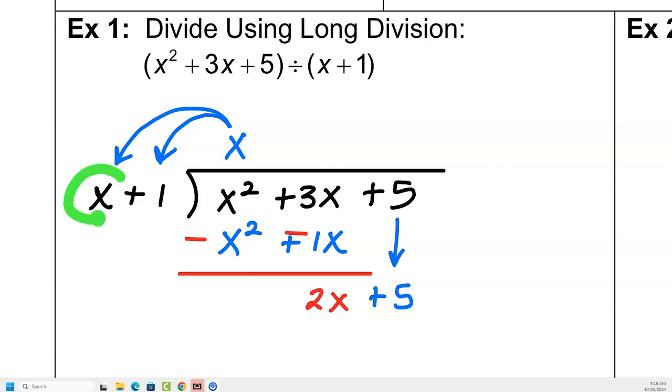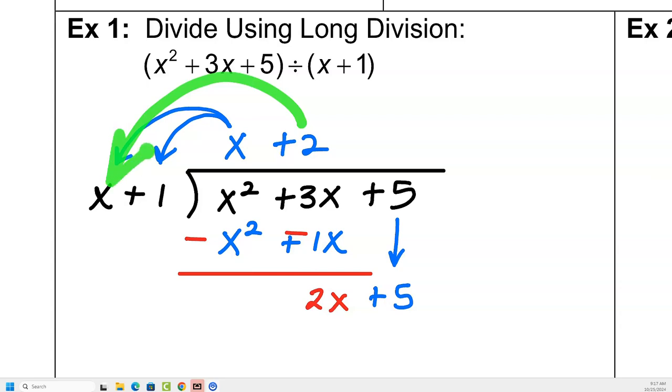We're going to ask, what do we multiply the x by to get 2x? It's 2. Is that a positive 2 or a negative 2? I'm going to write plus 2 here, and I am going to distribute it through. I'm just not going to draw the arrows. I'll draw them with my pointer. So 2 times x, that's 2x.